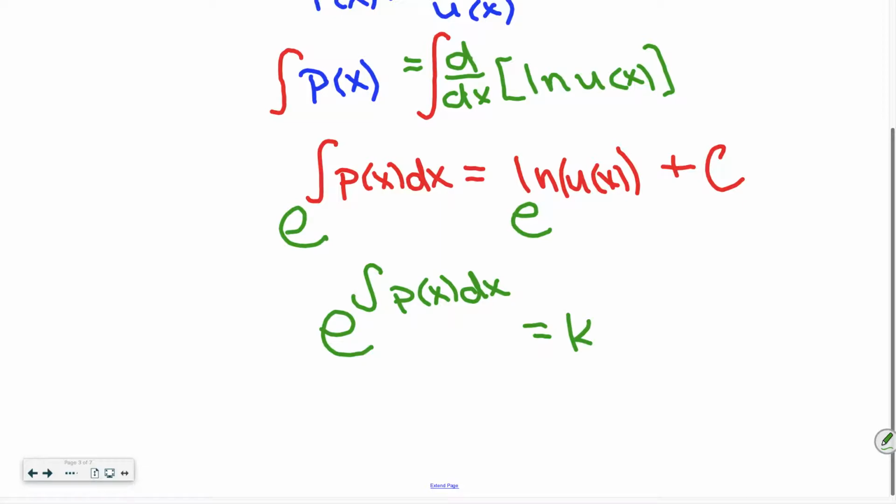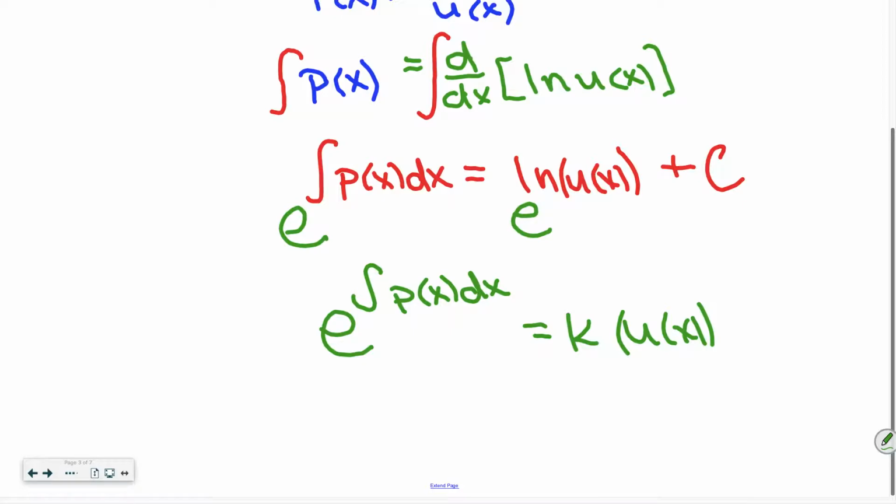I'm just going to write k times the natural. Why am I writing a k there? Because k is just a pretty letter, I guess. Okay. Well, we have e to the c, right?